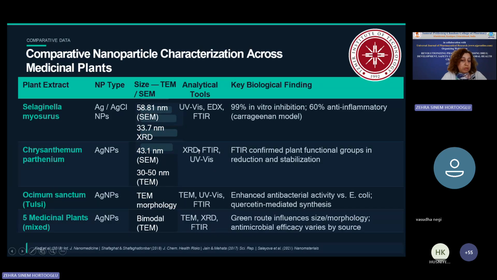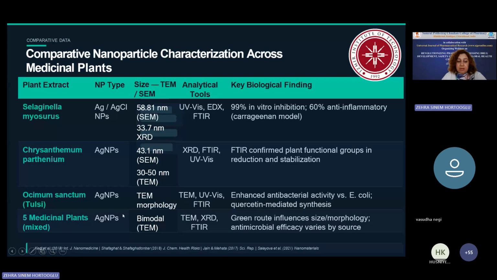We used XRD, FTIR, and UV-visible. FTIR confirmed plant functional groups in reduction and stabilization. For Ocimum sanctum, they can use TEM, UV-visible, and FTIR; TEM morphology showed enhanced antibacterial activity, for example against Escherichia coli, with quercetin-mediated synthesis.